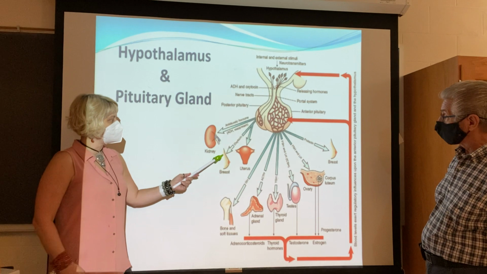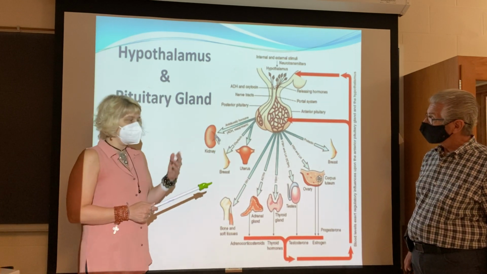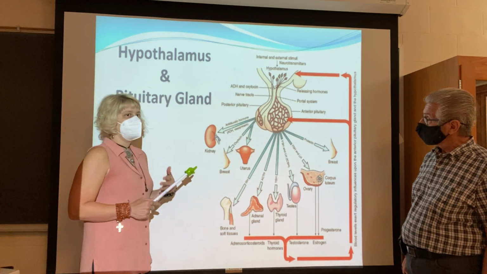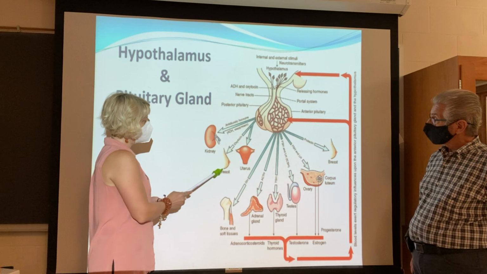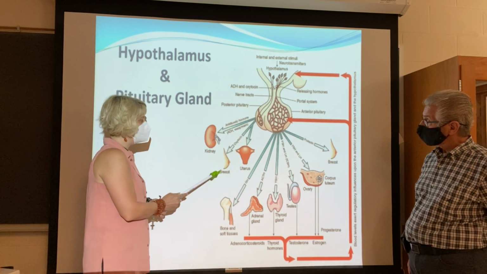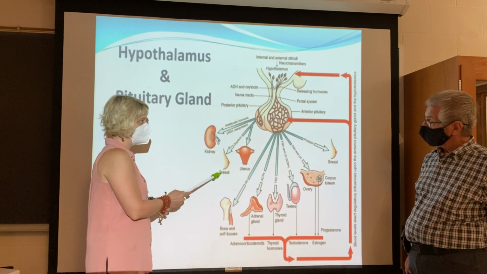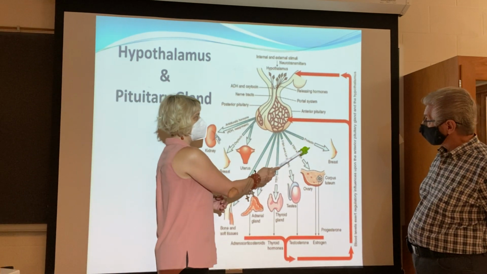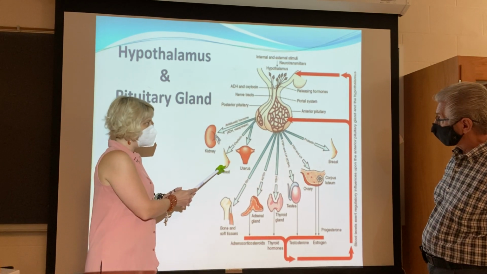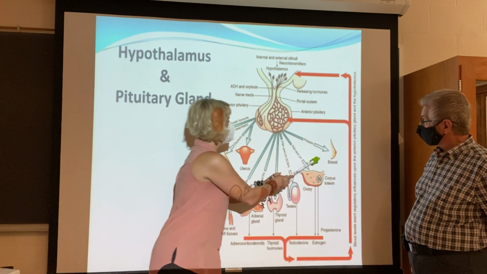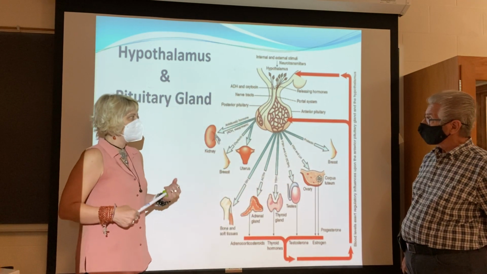Oxytocin not only induces labor and delivery, it also secondarily is a hormone that helps bond with the infant and in turn release the milk. The initial milk letdown is caused by oxytocin. But then the continual production of milk, if the child bonds and continues to nurse, the prolactin kicks in and continued production of milk occurs.